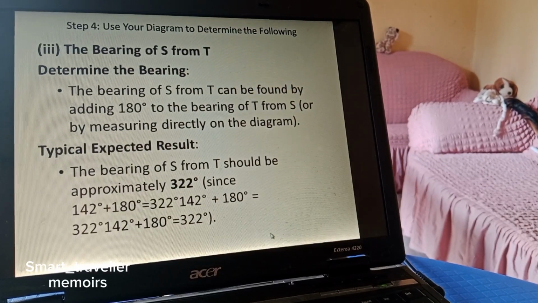The bearing of S from T. Determine the bearing. The bearing of S from T can be found by adding 180 degrees to the bearing of T from S, or by measuring directly on the diagram. The bearing of S from T should be approximately 322 degrees, since 142 degrees plus 180 degrees equals 322 degrees.